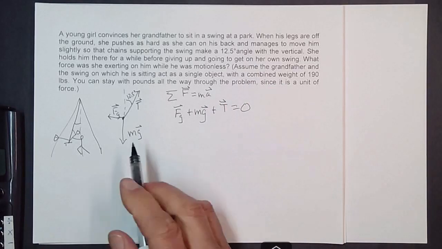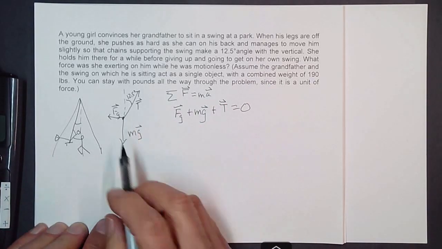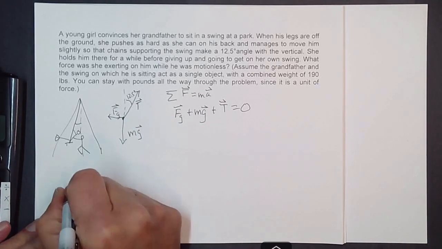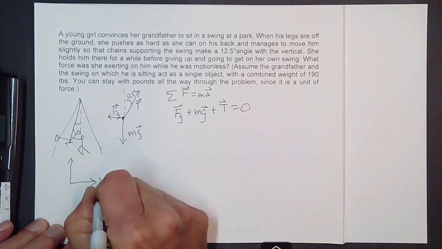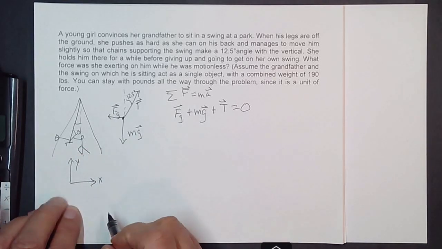Now, we could come up with a coordinate system. In fact, I'll set it up very quickly here. I'll just let x point in that way and y point in that direction.